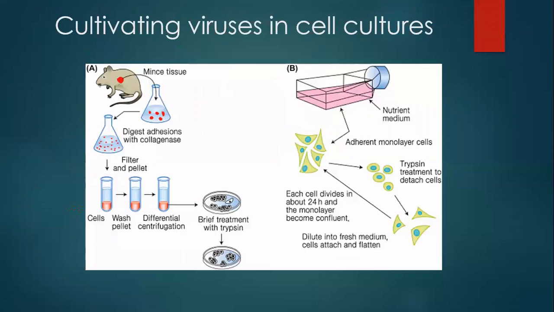We can also cultivate viruses in vitro, that is in cell cultures, which are grown in Petri plates and test tubes and in culture flasks. We will learn about this in the next video.